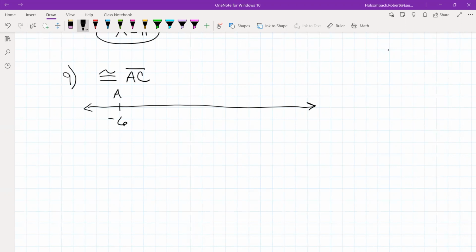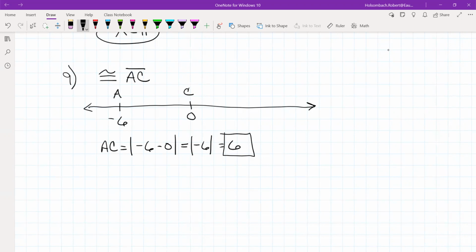We got C at 0. Boy, that's tough, right? So isn't AC equal to the absolute value of negative 6 minus 0, which is the absolute value of negative 6, which equals 6.